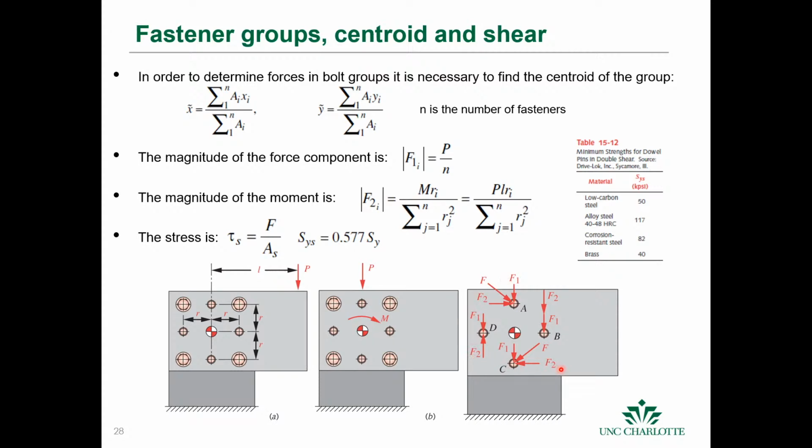Okay, so this shows the F1 and F2 and the resultant force F1 and F2. In this case, they cancel out. And then in this case, we have these loads, so we have this resultant force. And in this case, we have this poor little bolt over here that has twice that force almost.